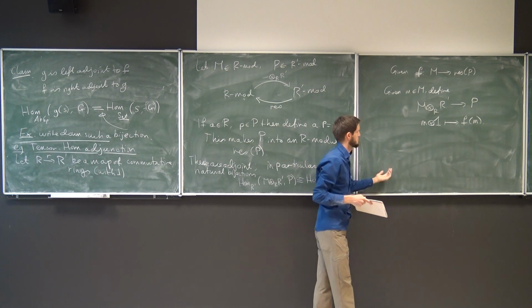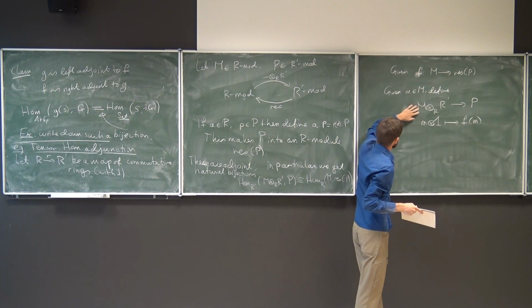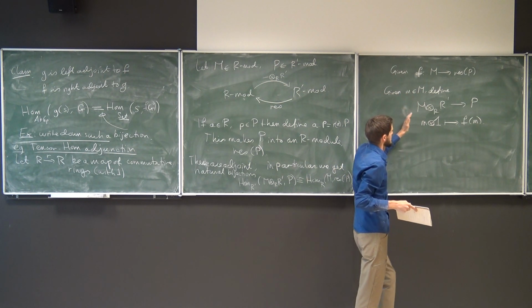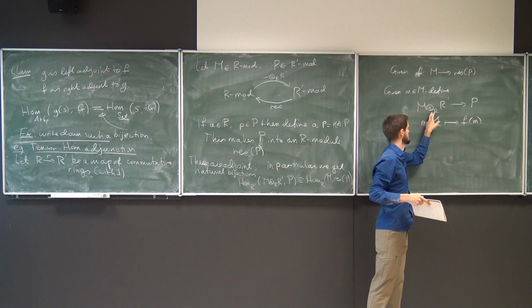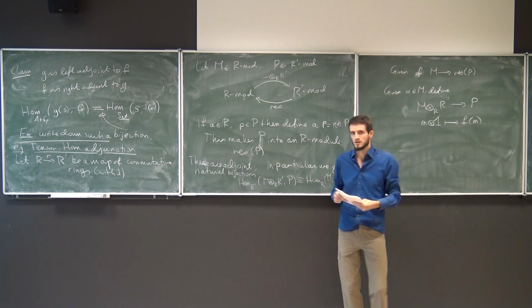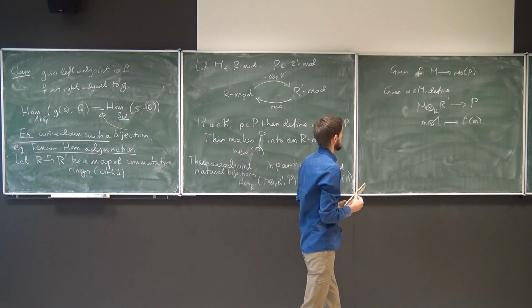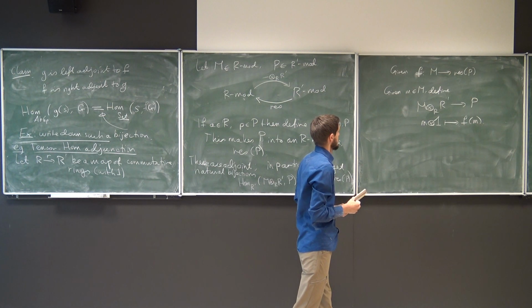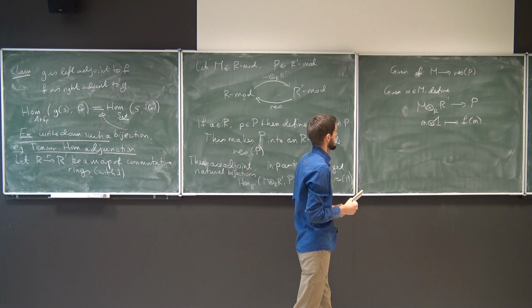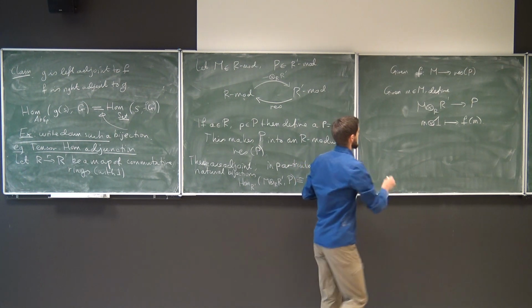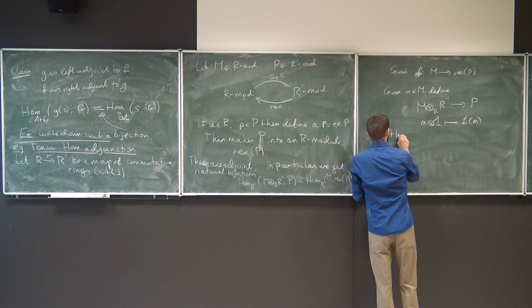This tells me what to do on M tensor R prime as well, so that's enough to uniquely determine a map from M tensor R prime to P. If m tensor b is in M tensor R prime, then we get f of m times b.